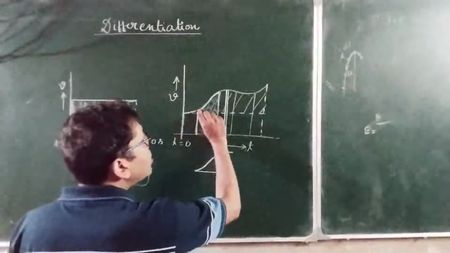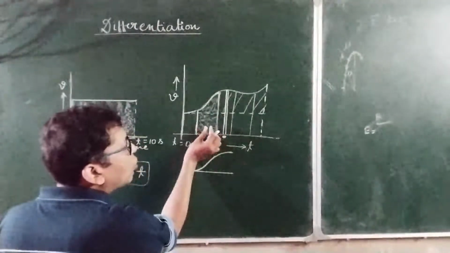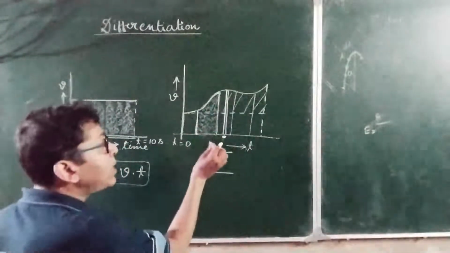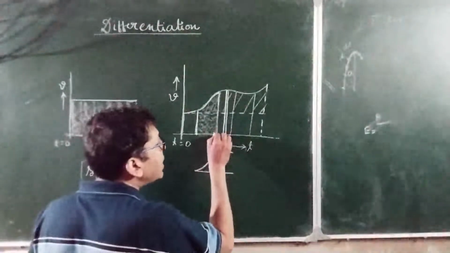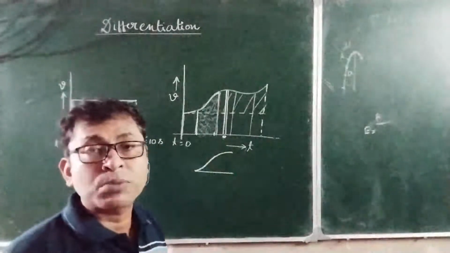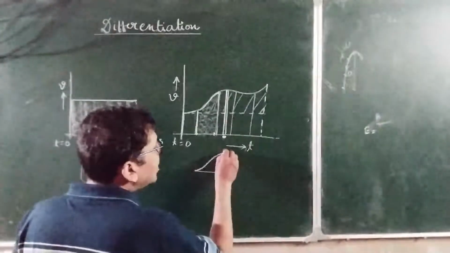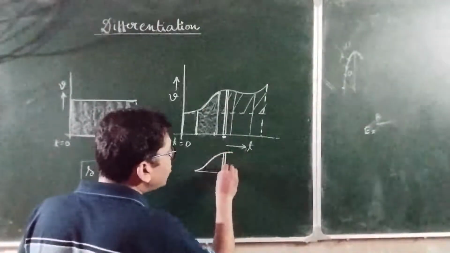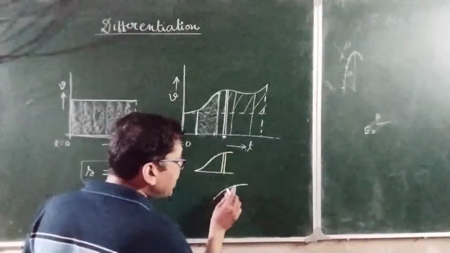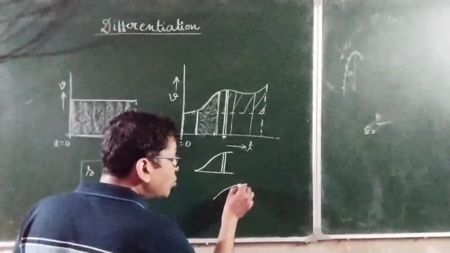But if we make these two sections tremendously close to each other, that means when the time interval almost becomes zero, then you cannot make any difference between these two edges. This curvature, when it becomes very small, is almost out of sight.